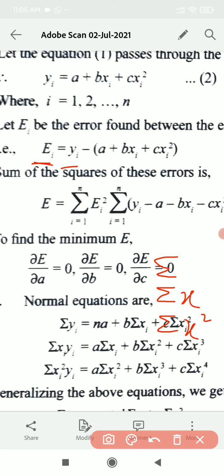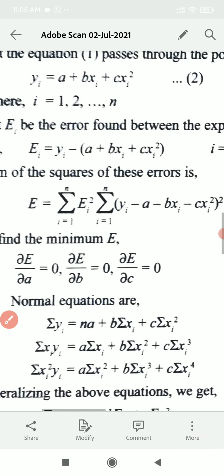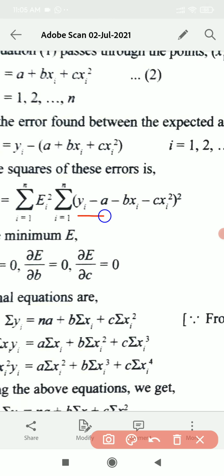In the principle of least square, what you will do, students, is write yi minus this part, meaning you bring this to the other side and you get the e value. Then you put a square on this e value and write it like this: yi minus a minus b xi minus c xi square, whole square.